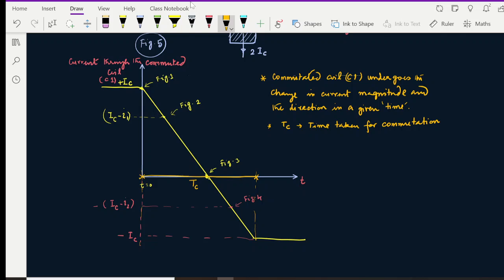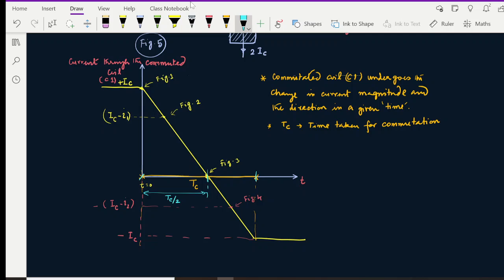Okay, so if I have correctly plotted as per an ideal commutation, the zero crossing comes at TC by 2. That means if this is total TC, the zero crossing will occur at TC by 2.